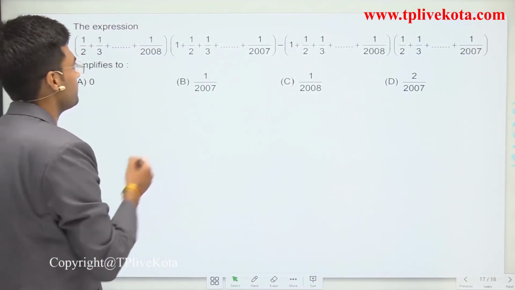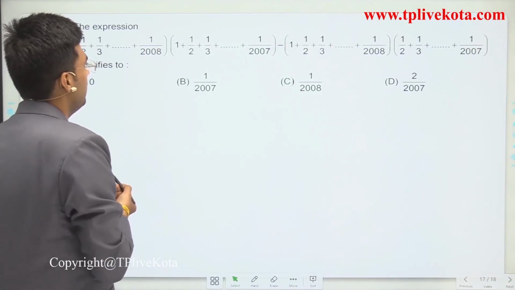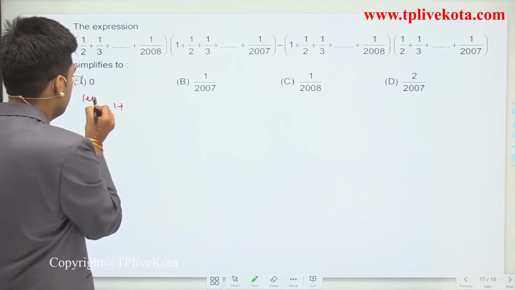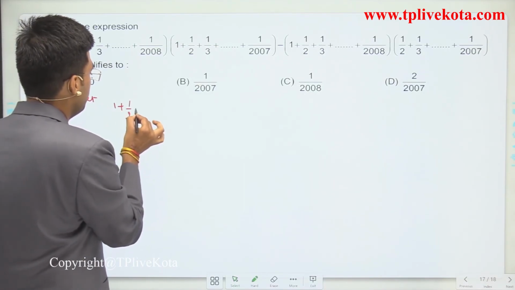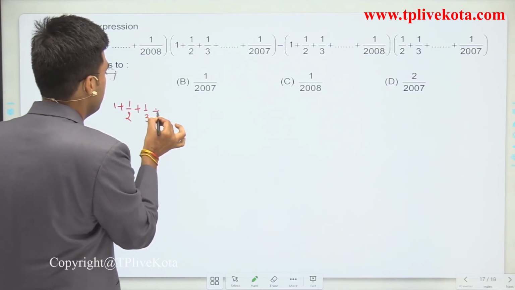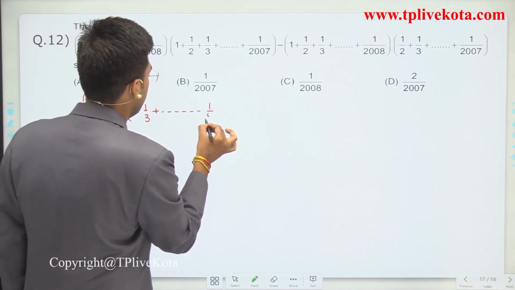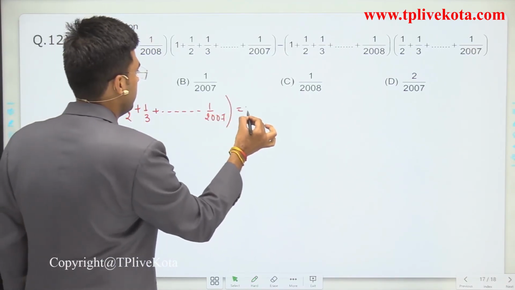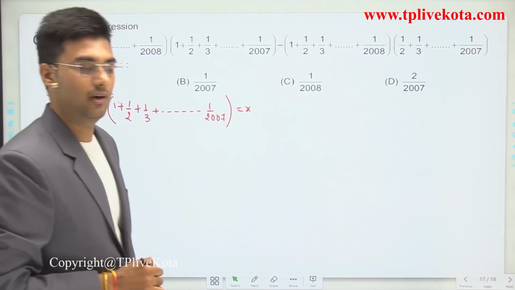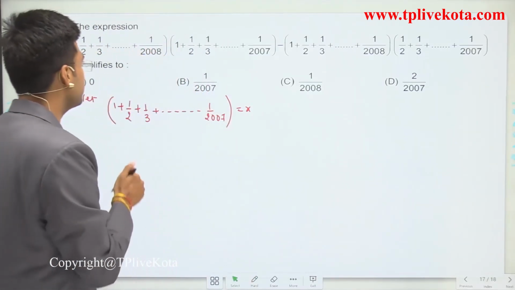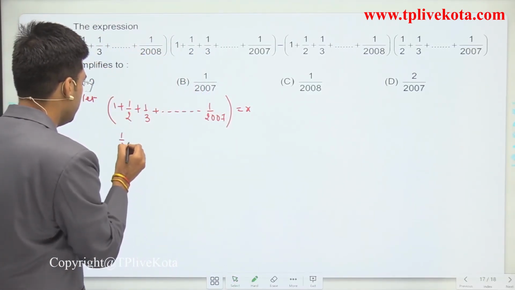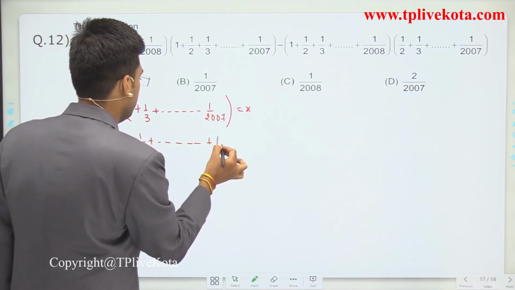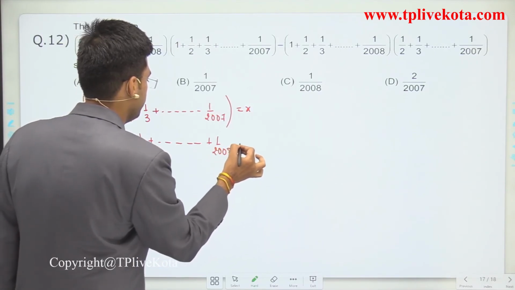Let's see. First of all, let's assume 1 plus 1 upon 2 plus 1 upon 3 up to 1 upon 2007 is equal to x. Okay. Now if this is equal to x, then what is the value of 1 upon 2 plus 1 upon 3 up to 1 upon 2007?